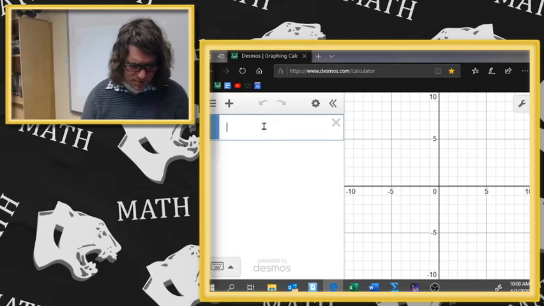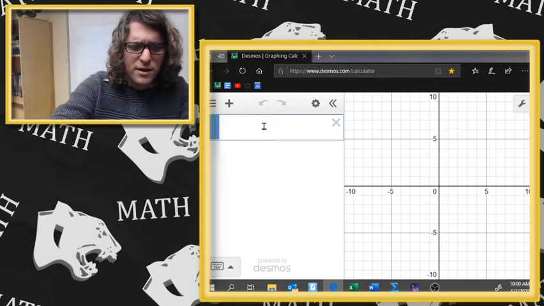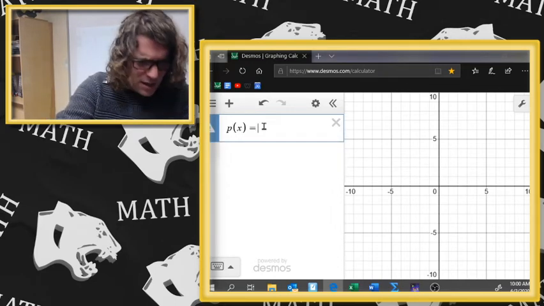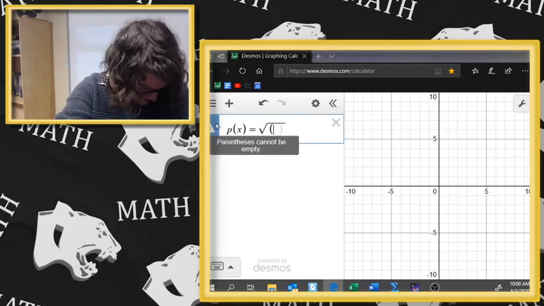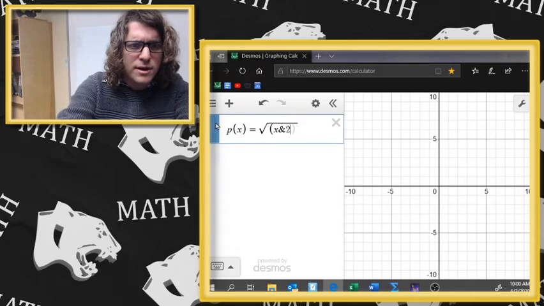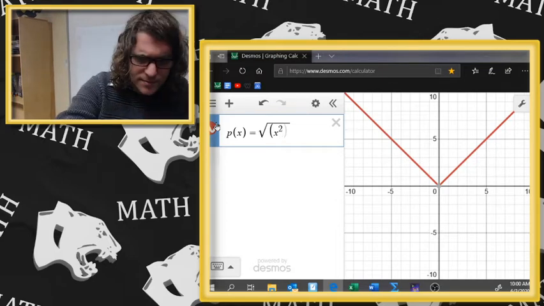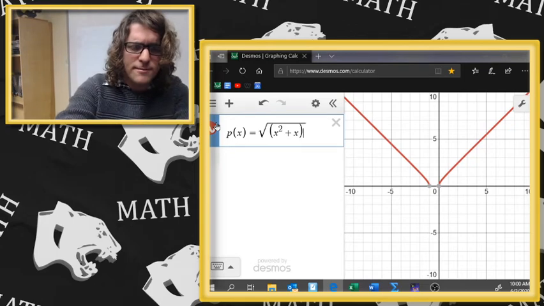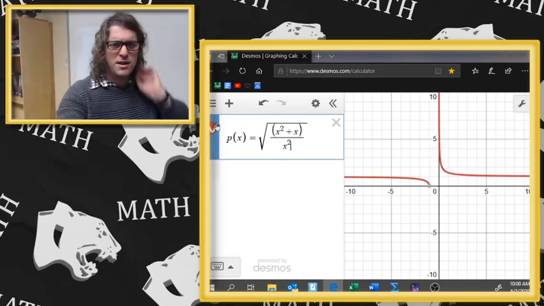All right, so in this particular case, we started out in the beginning with p of x is equal to, and I'll write it exactly the way that it is, so I won't tidy it up like I did. So it's x squared plus x over x squared. All right, so that's what we have to start with.